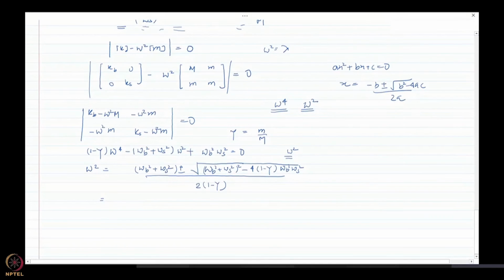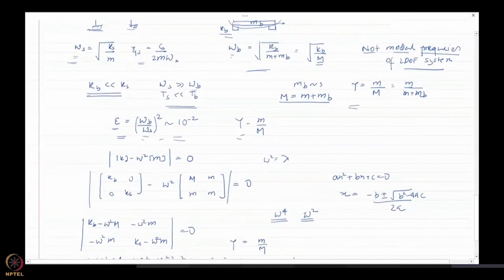Now, in this case, if you take omega b square outside, let us say I take omega b square outside, I will have 1 plus omega s square by omega b square whole... We had assumed omega b by omega s, right?